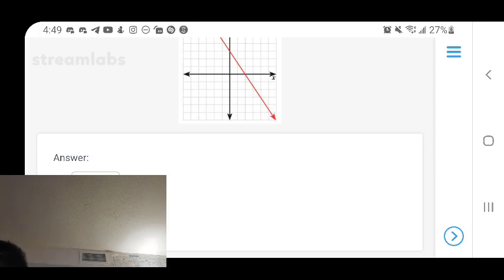Wait, no. Wait. Oh, yeah, let's use 4 and negative 3. X is 4. Wait, I'm confused. What?